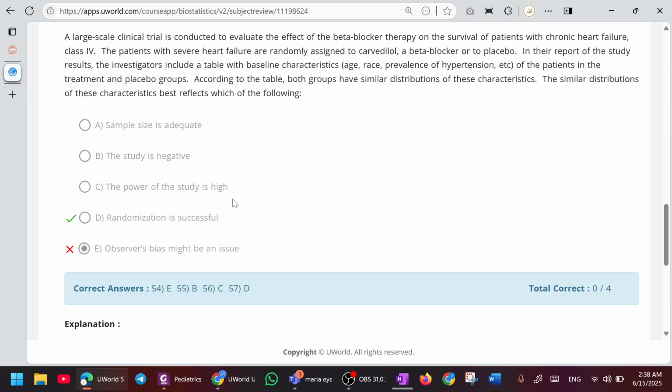Blinding refers to the study design technique where exposure status is kept hidden from the patient and or the investigator. In single blinded studies, patients are not aware whether they are taking the drug or the placebo. This minimizes the placebo effect.